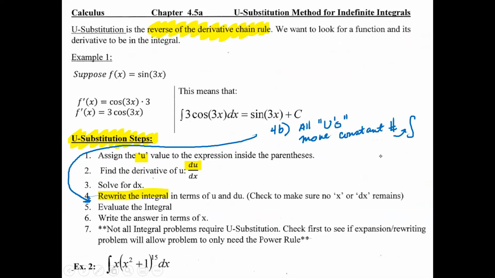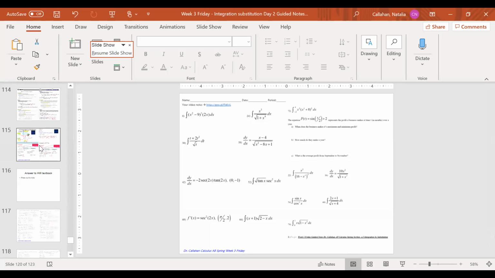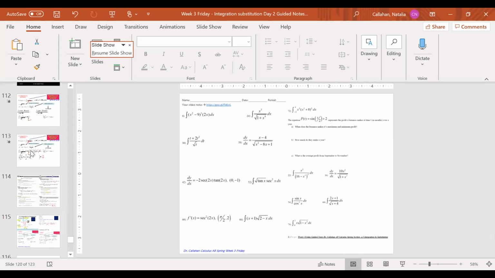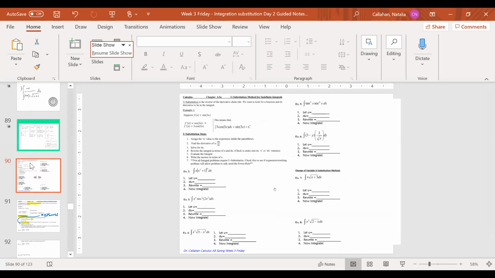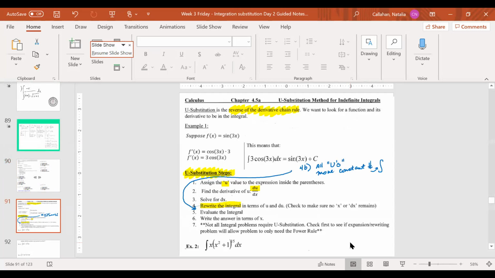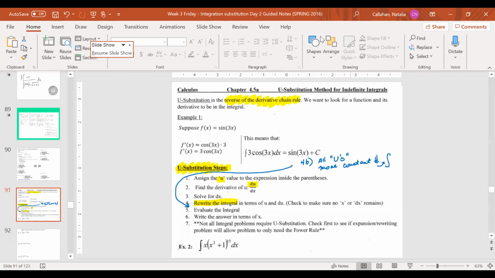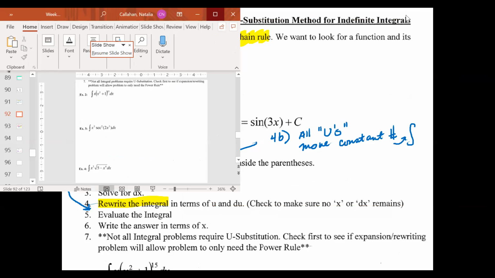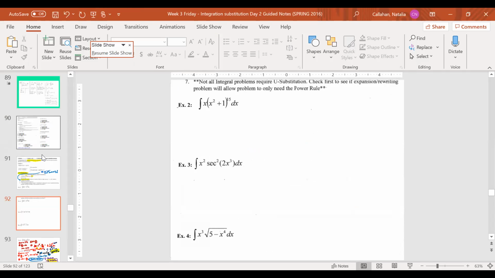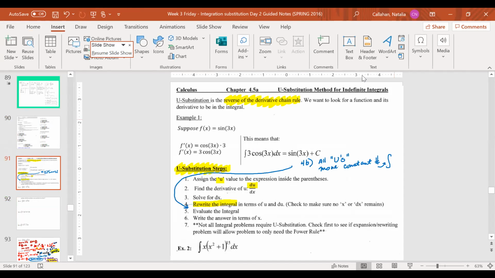Okay, so looking at this right here, go ahead and read this. And I kind of want to briefly add a little notation here onto the slide as to why we use u substitution.